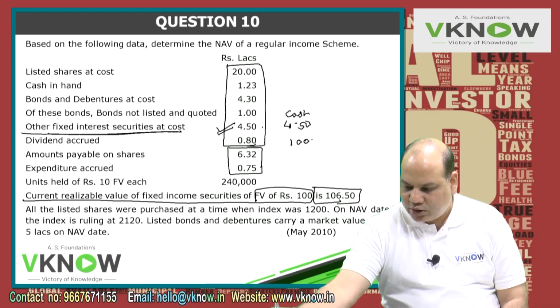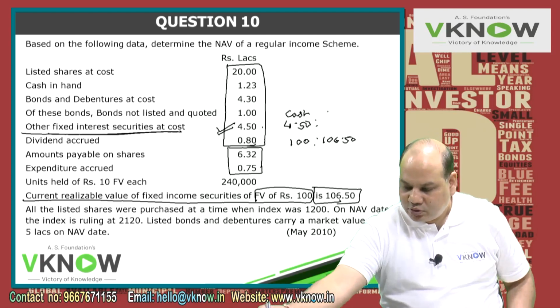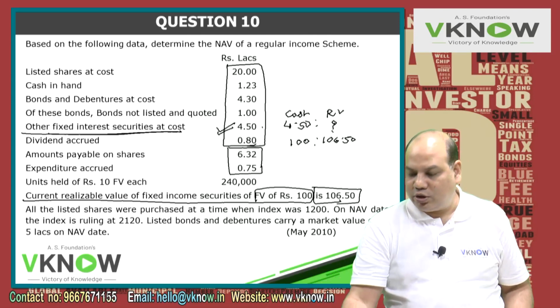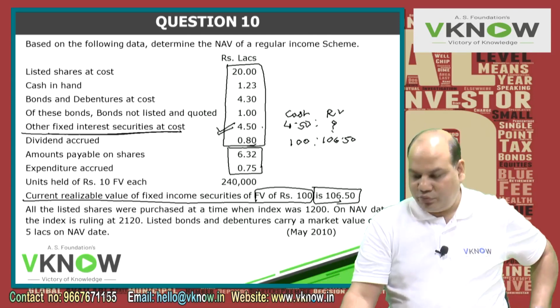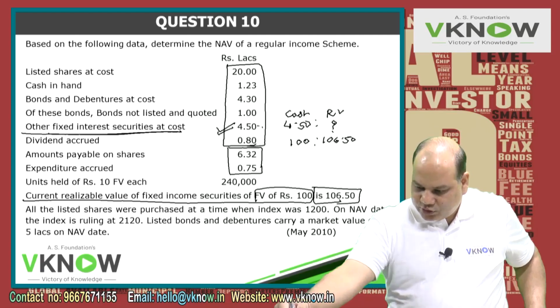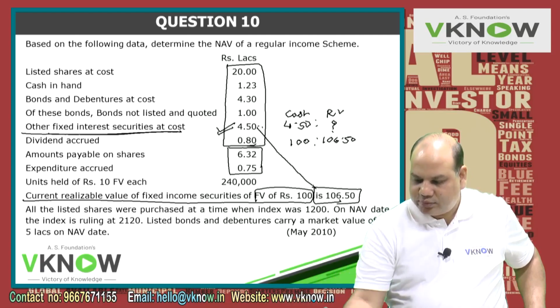Face value today, if 100, its realizable value is 106.50. So now you have to find out what is the realizable value of this other fixed interest security, and that amount you will take for NAV calculation. So this is linked to this adjustment.